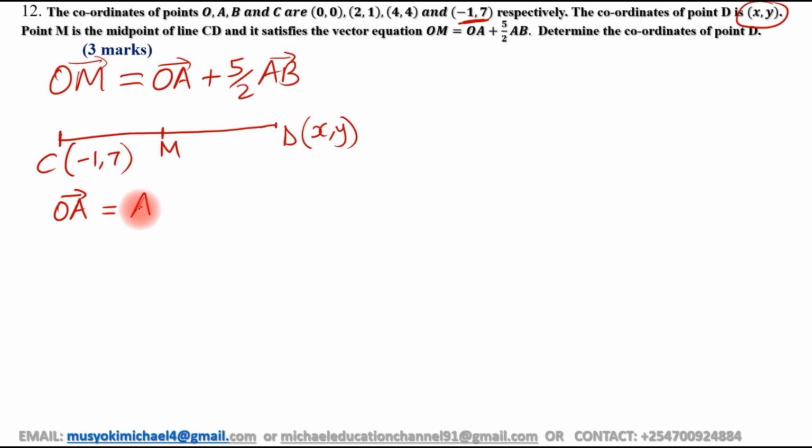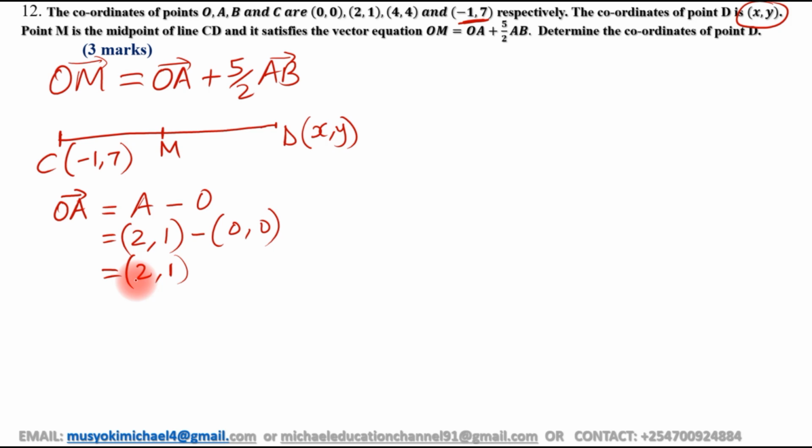To get OA, it is the column vector of A minus that of O. So for this one, it will be (2, 1) minus (0, 0).